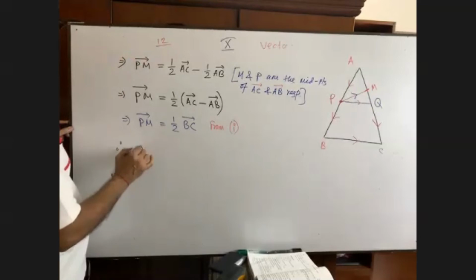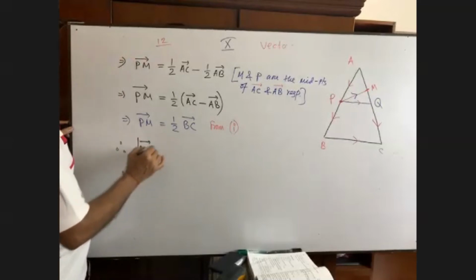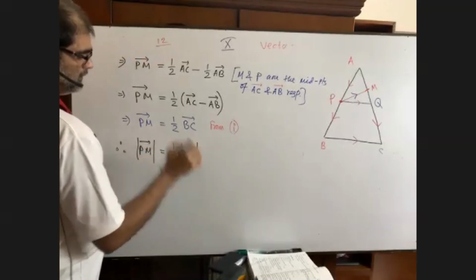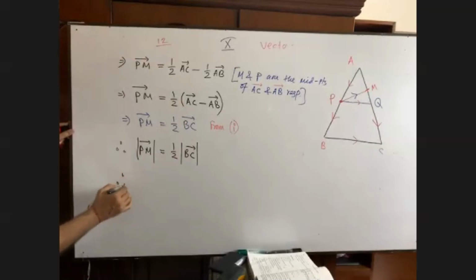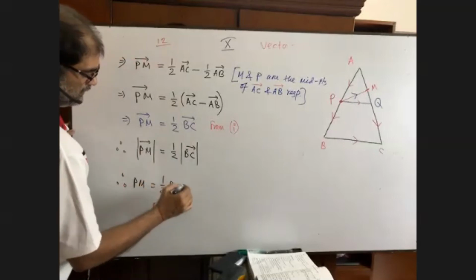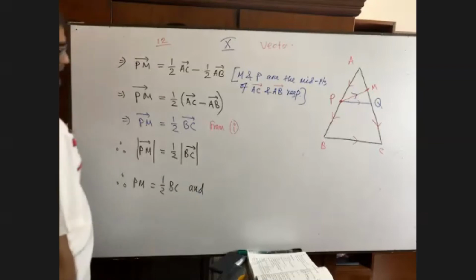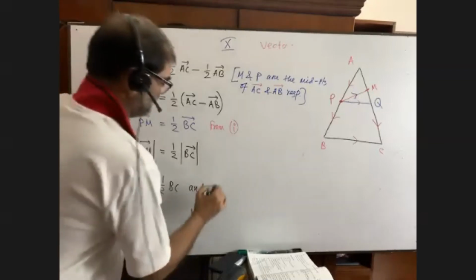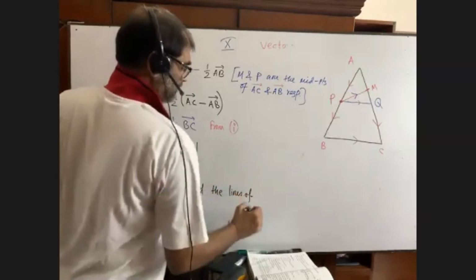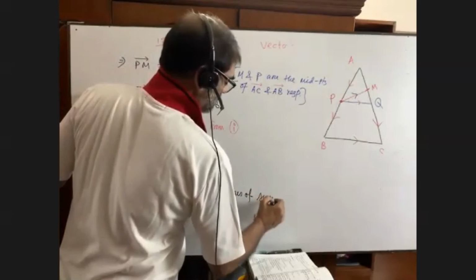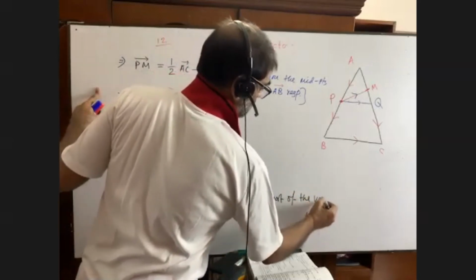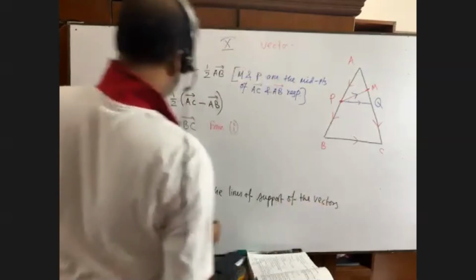Therefore, PM is equal to half of... and let me know the lines of support of the vectors PM and BC.